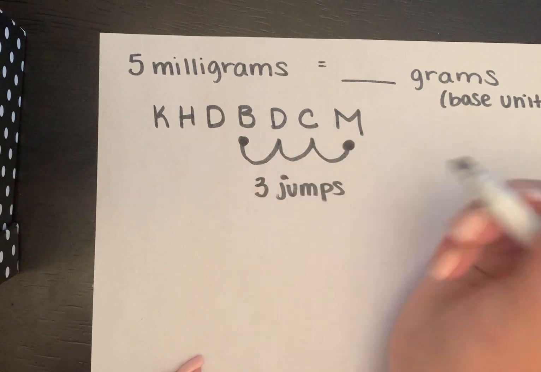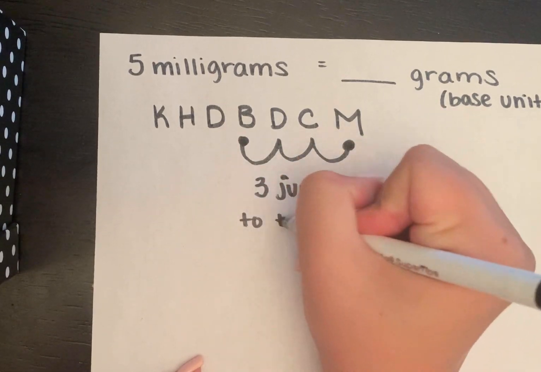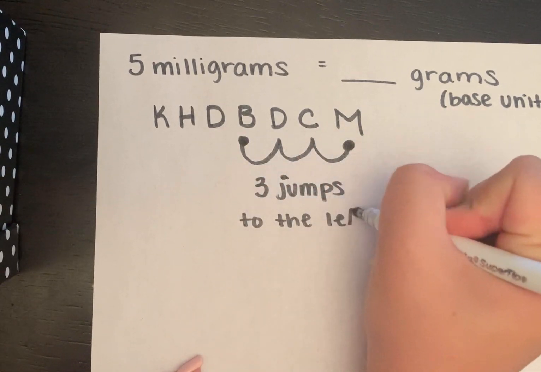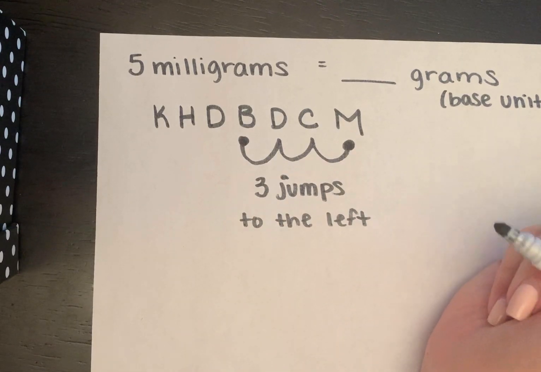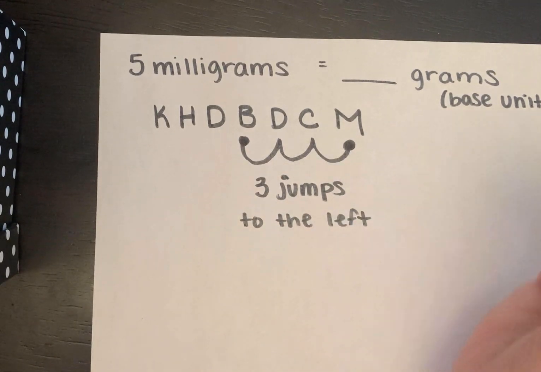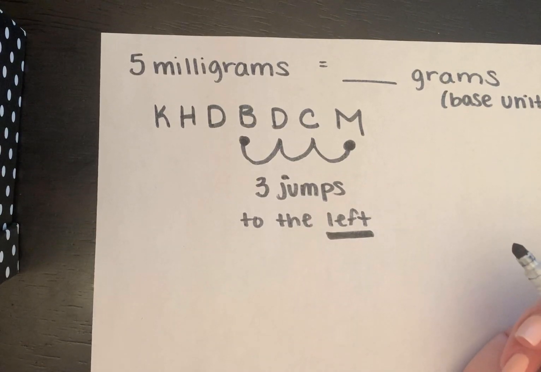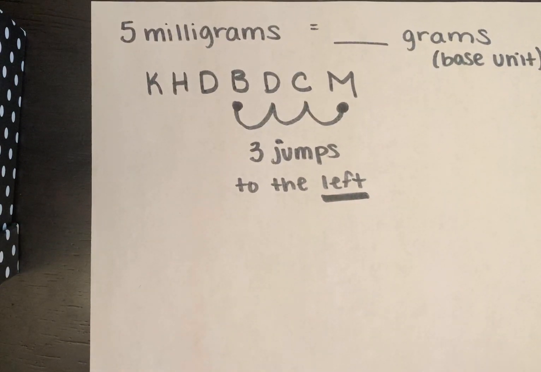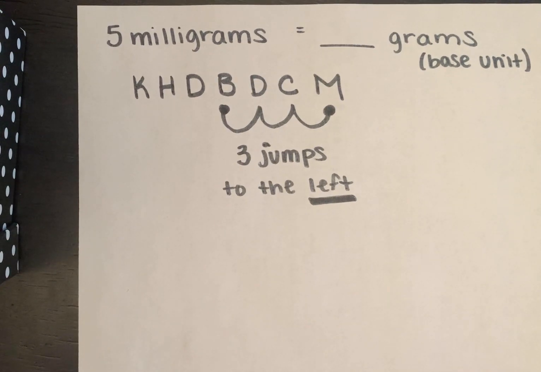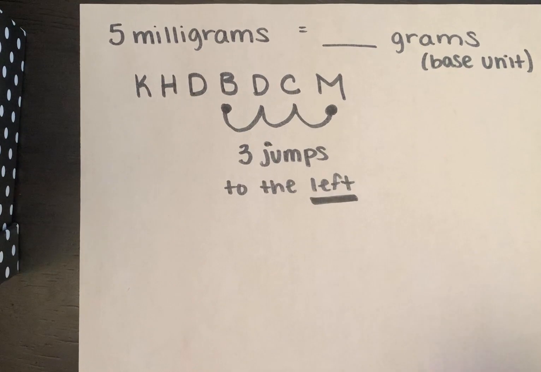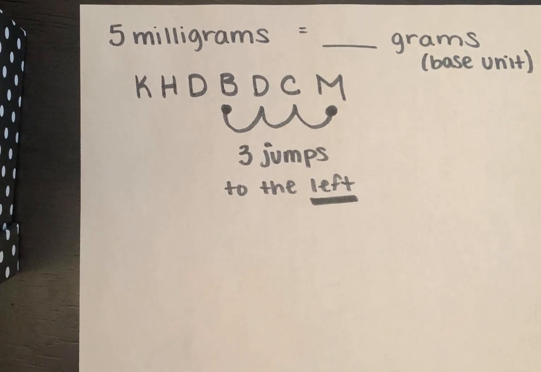I put my dot on the left. So I moved 3 jumps to the left. This part to the left is important because it is going to give you the answer. We're going 3 jumps to the left, so your decimal point is also going to move 3 jumps to the left.